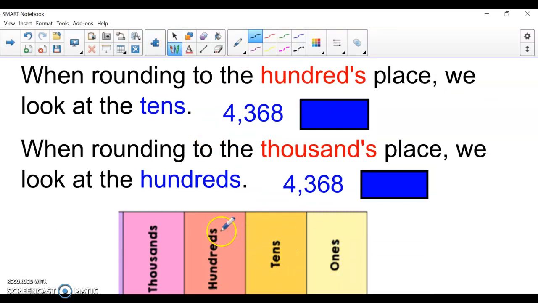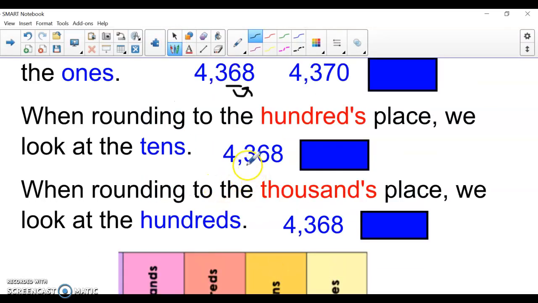We use that exact same process when we're dealing with hundreds. Ones, tens, and now hundreds. Let's find our hundreds. So this 3, right? Now let's think of our only 2 options when we round. A number has 2 options. It's either going to go up to a 4 or stay the same, or we call it going down to a 3, even though it stays the same. We look next door at our tens. This 368 is going to turn into a 300 or go up to a 400.